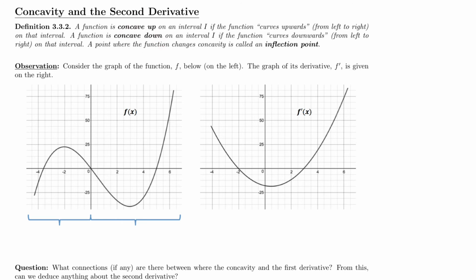So graphs have another characteristic, and it's called concavity. Concavity just means either it's making a happy face, and we call this concave up, or it makes a sad face, which we call concave down.